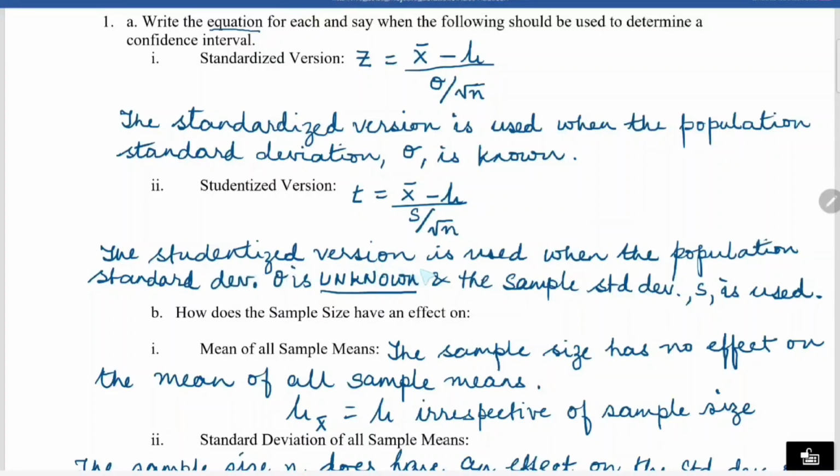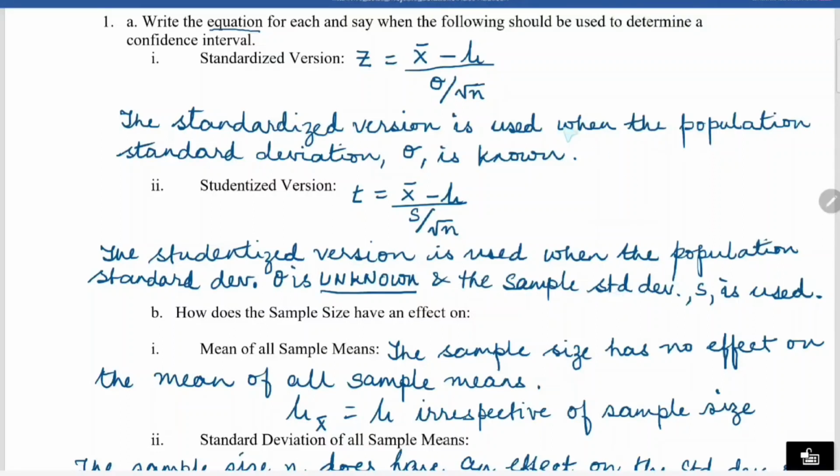When is the studentized version used? It's used when the population standard deviation is unknown and the sample standard deviation S is used. So when we do not have the population standard deviation given to us, we have no other means but to use the sample standard deviation in our calculation. And when that happens, we cannot use the Z value.